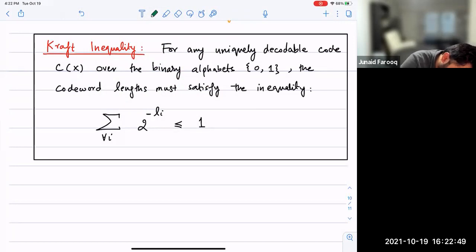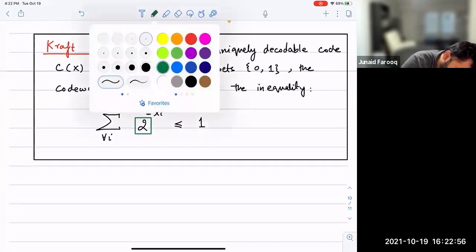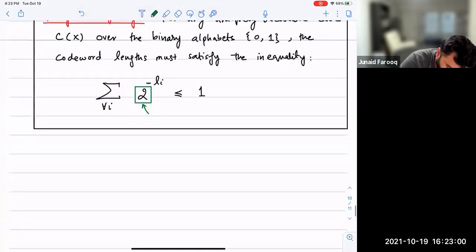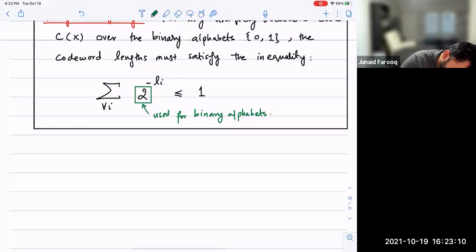You can generalize it to any base. So this 2 is used for binary alphabets, and in general it is D to the power minus L_i for base D.